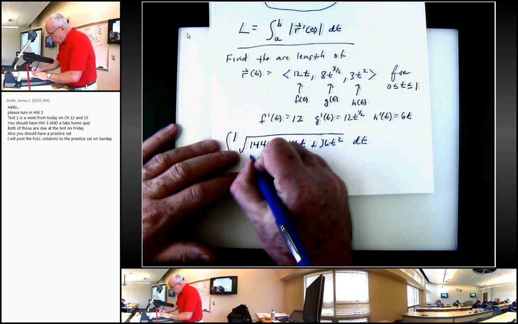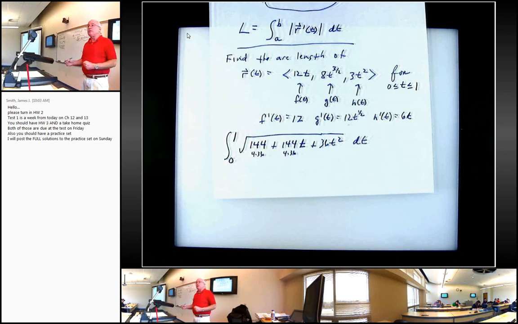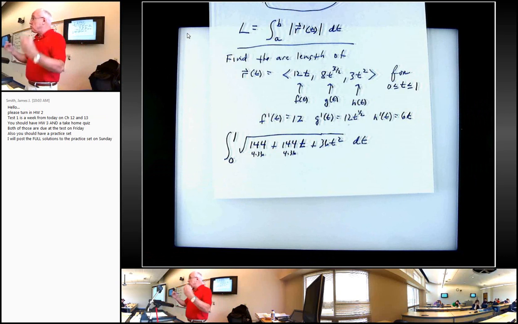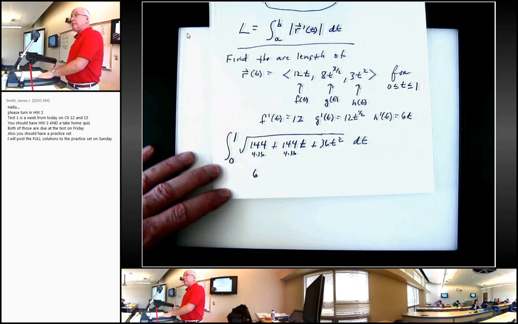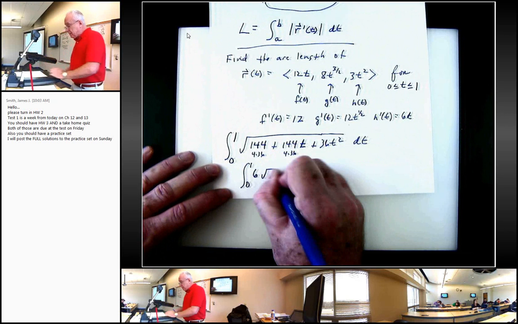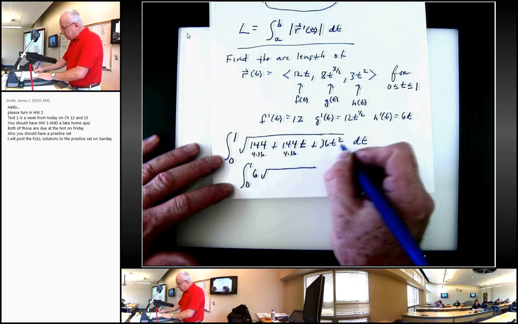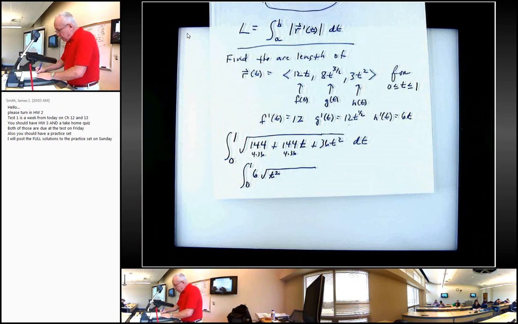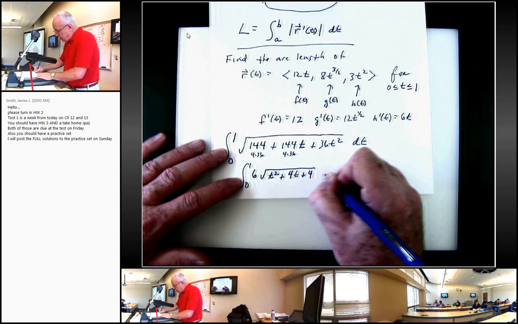This is 4 times 36, 4 times 36. So every term has a 36 in it. So if I take out the 36, then that's the square root of 36, so I'm going to put it out front as a 6, okay? And then I put what's left, and let me lead off with the t squared. So I'm just going to have a plain t squared plus 4 times t plus 4 dt.